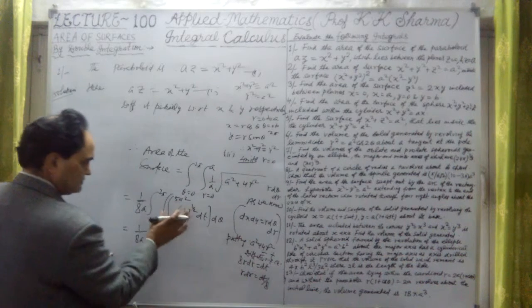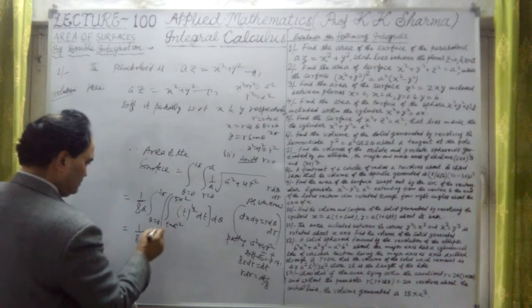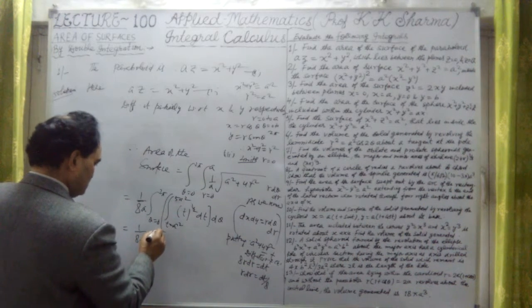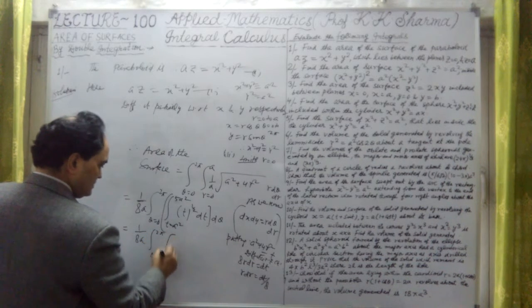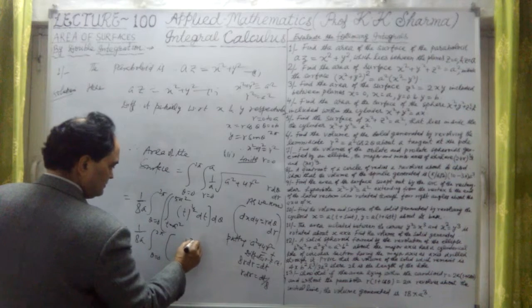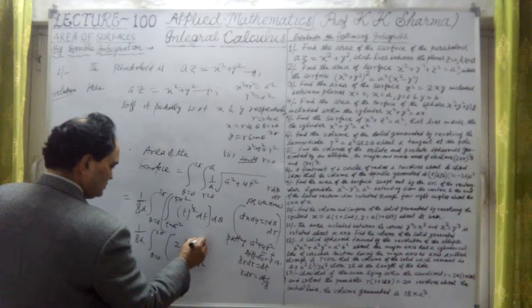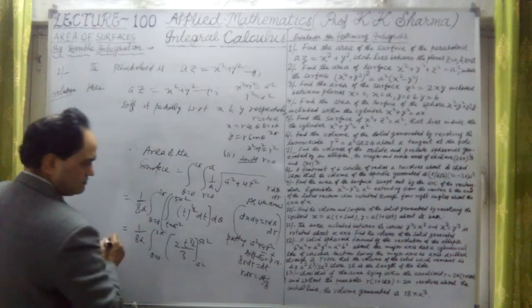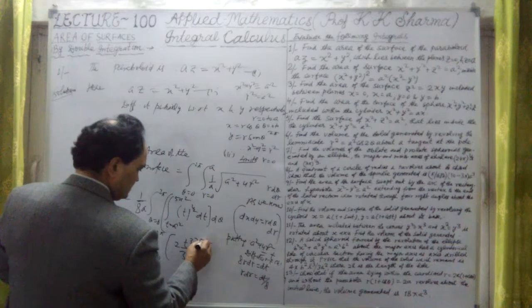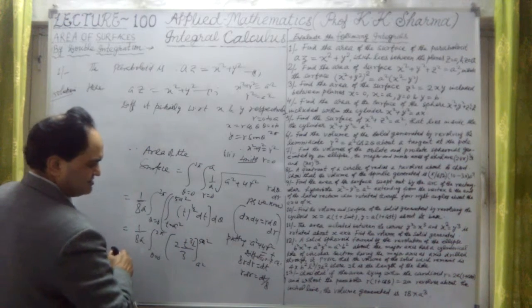Now this is first we have converted into t. The integration is now theta equal to 0 to 2 pi. Now here it is t raised to the power 3/2 upon 3/2, which means 2/3 here. Now limits are a square to 5a square. So this is the value of t we have taken, dt.